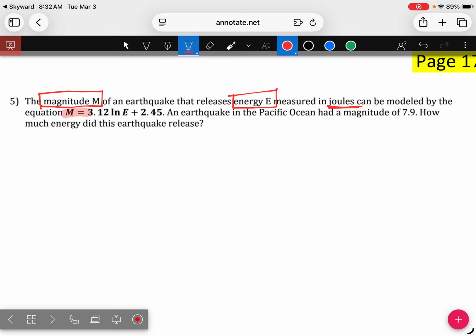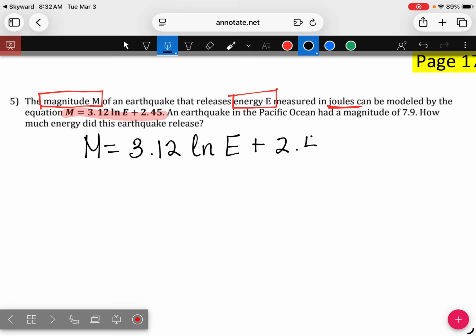So this is the formula I'm working with now. Let me go ahead and rewrite that. This is my magnitude. The capital E is energy.